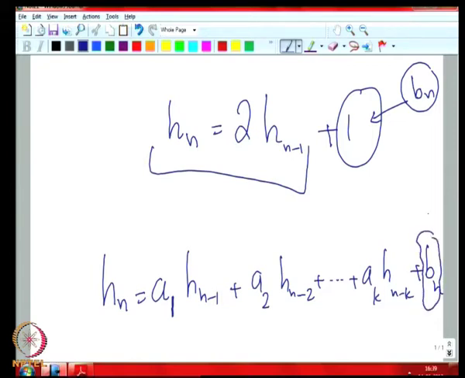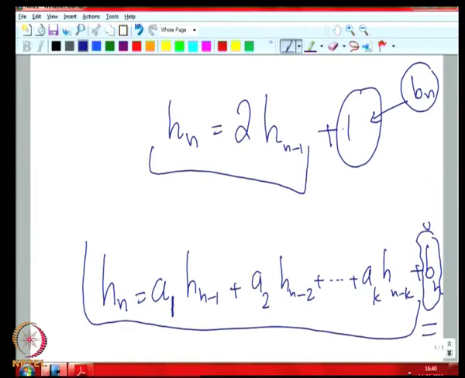When this Bn is 0, then it is a linear homogeneous recurrence relation of order k. But suppose Bn is not equal to 0, then we say that it is non-homogeneous, right.